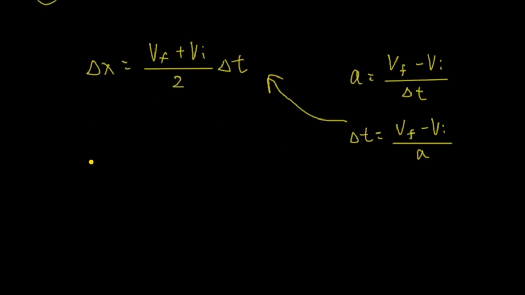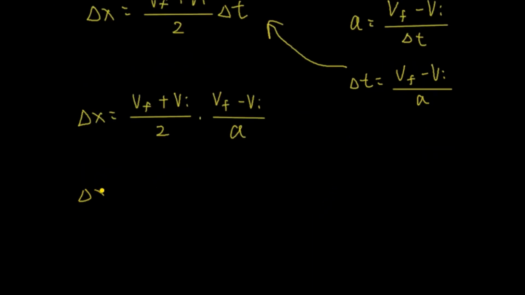So next here will be delta x is equal to v final plus v initial over 2 times delta t, which is v final minus v initial over a. Okay, let's simplify this.